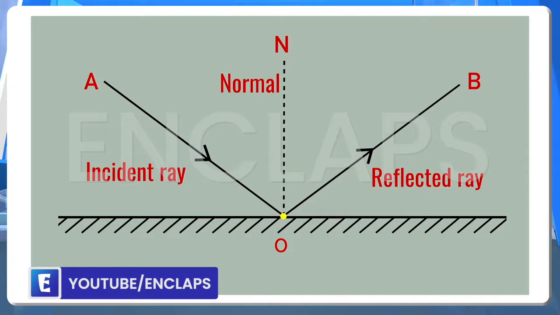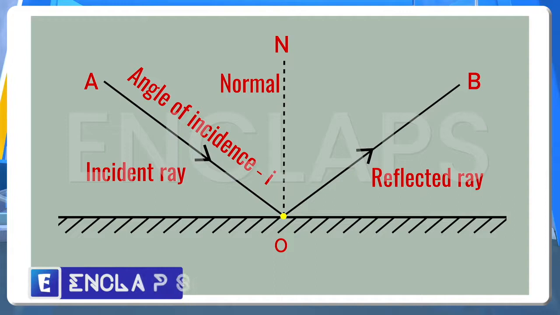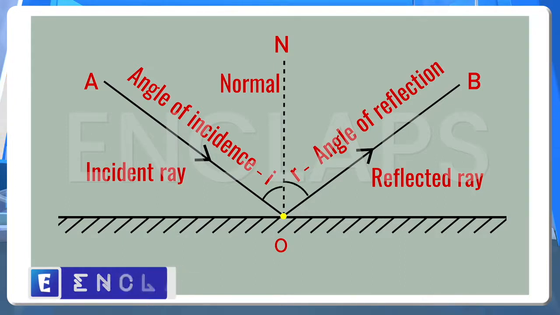The angle made by the incident ray with the normal is called the angle of incidence, which is represented by the letter I. Here, angle AON is the angle of incidence. The angle made by the reflected ray with the normal is called the angle of reflection, which is represented by the letter R. Here, angle BON is the angle of reflection. Here, angle AON and angle BON are equal.